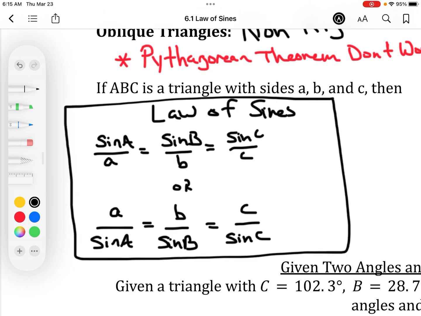This is what we're going to be using today. As a rule of thumb, I like to use this one when I'm solving for an angle, and you'll see why when we get into problems. And this one I like to use when we solve for a side.